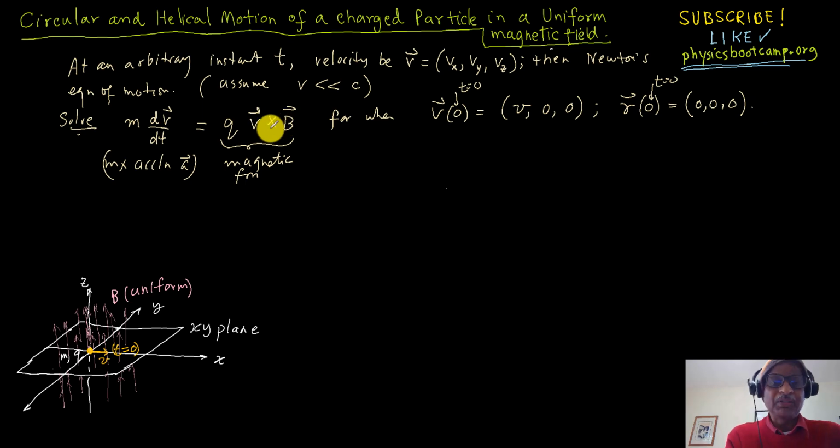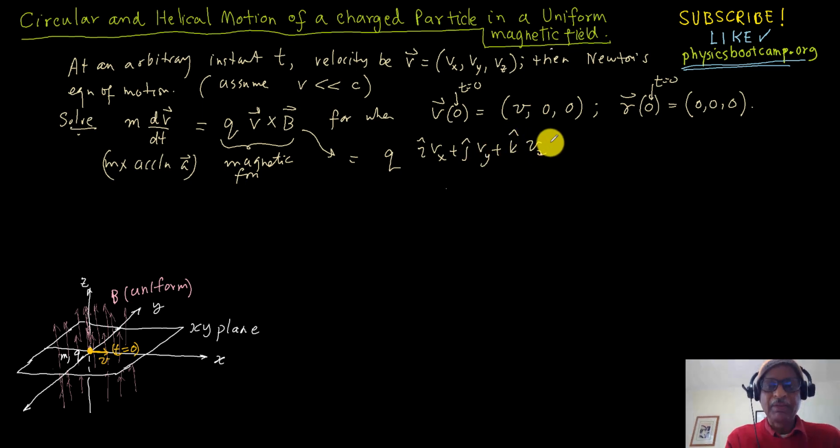And because there's a cross product, there is going to be a little bit of difficulty in setting it up, right? So let's look at what it's going to be. You have q and v is i hat vx plus j hat vy plus k hat vz, on the right side. And then B is all along k hat.